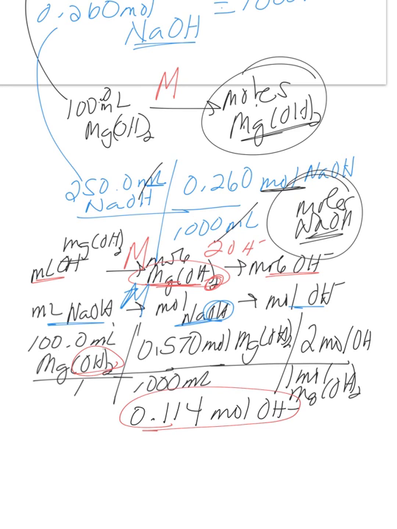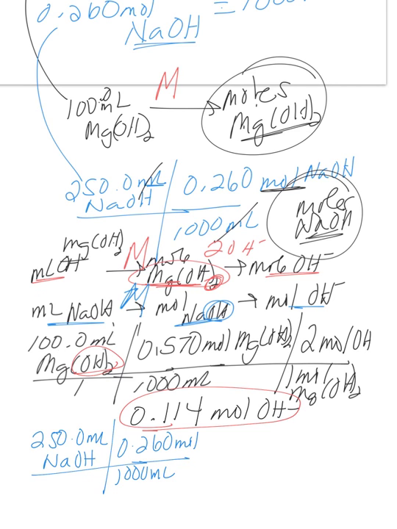Now you have 250 milliliters of sodium hydroxide, 1,000 milliliters, 0.260 moles. Using the concentration gives you moles of sodium hydroxide. And for 1 mole of sodium hydroxide, you have 1 mole of OH minus.